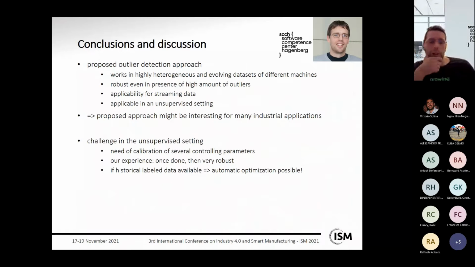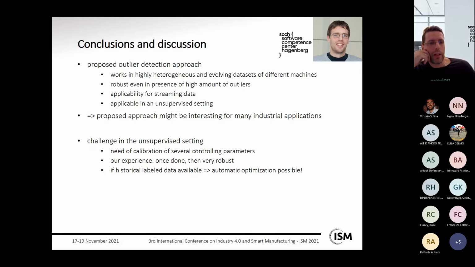Maybe to summarize our proposed outlier detection approach, the advantages are that it works in highly heterogeneous and evolving data sets of different machines, as we saw in the examples shown. It's robust even in the presence of a high amount of outliers.